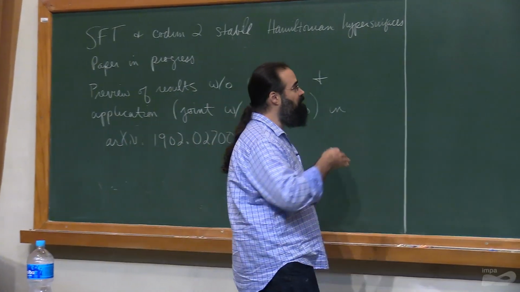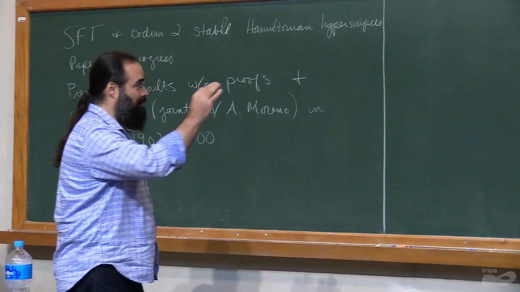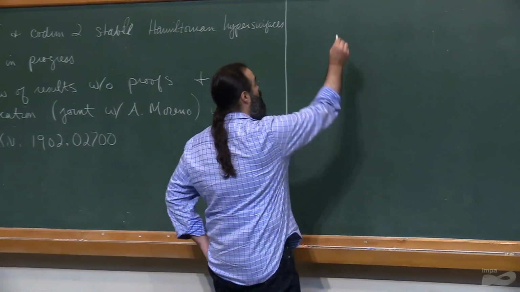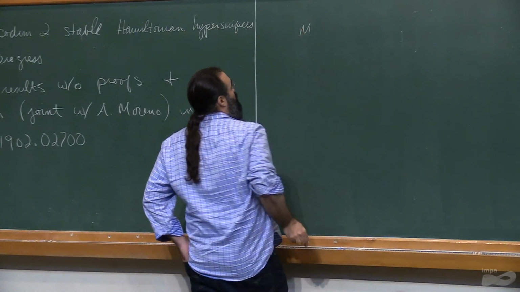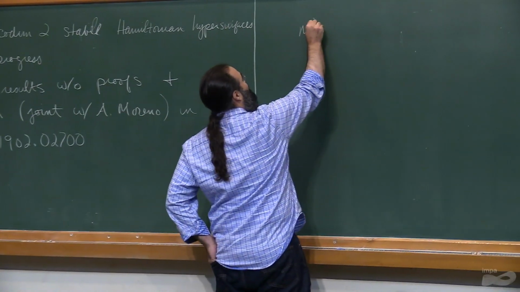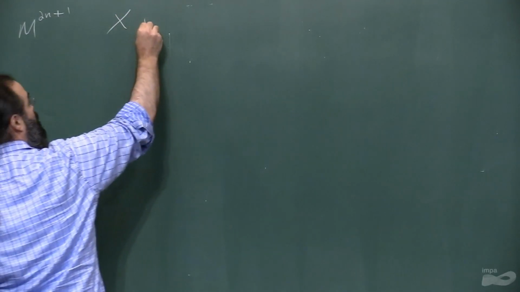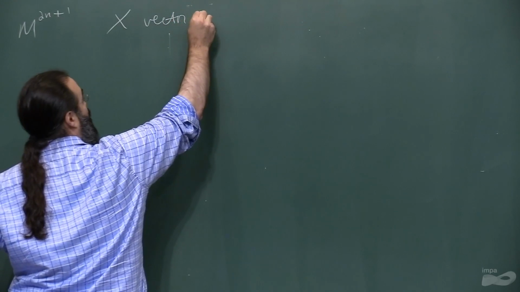So just a quick conceptual overview of what's going on, and then I'll get into some of the details. So we're going to have an odd dimensional manifold that's equipped with a vector field. More details on that in a moment.